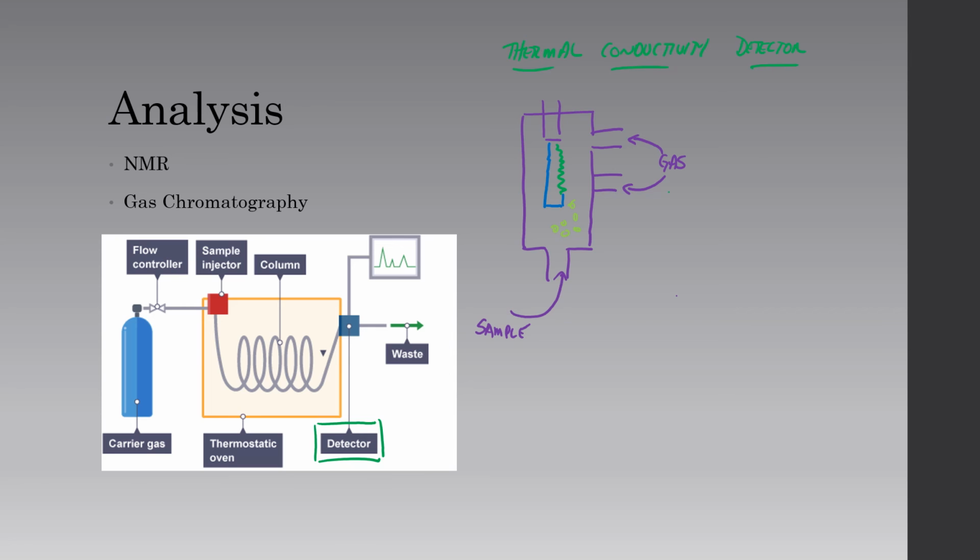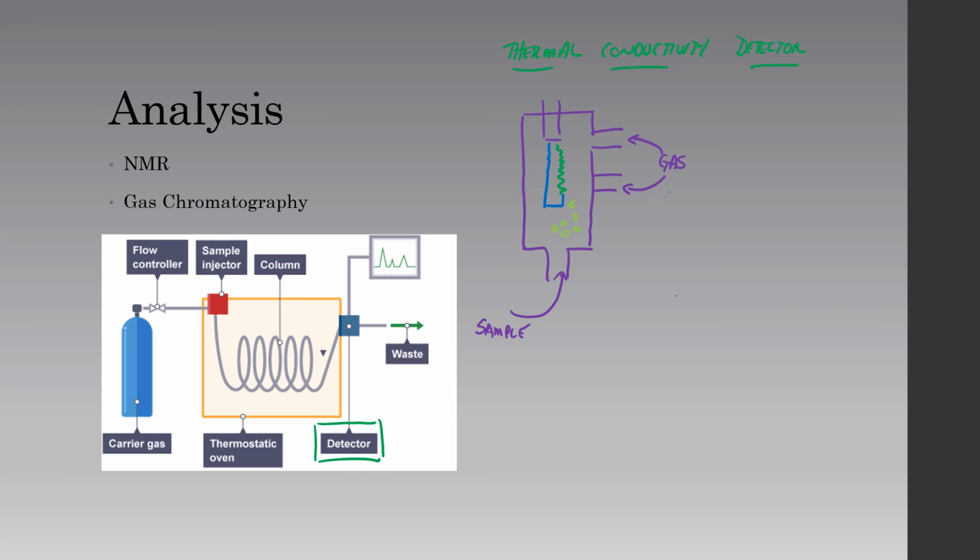The conductivity of the filament is going to change because now we have more than just the inert gas that's inside our detector. So as the conductivity changes, right, the internal filament temperature is going to increase. Okay, the temperature increases, that means the resistance is going to increase. If the resistance of our filament increases, that means our voltage to that filament is going to have to increase also, and we can use that change in voltage of the filament to say that there is a signal from an incoming sample.